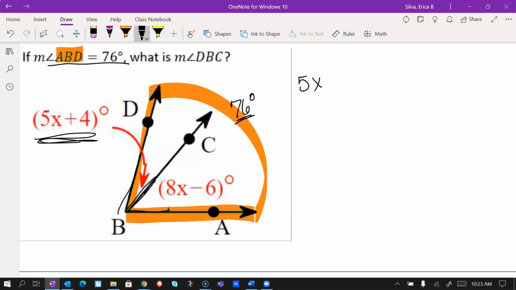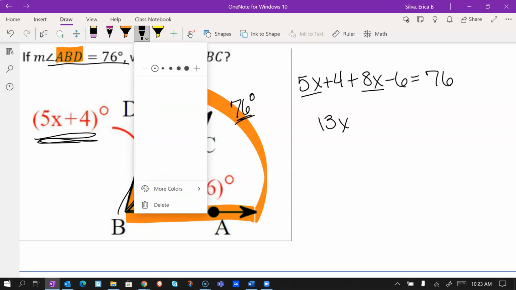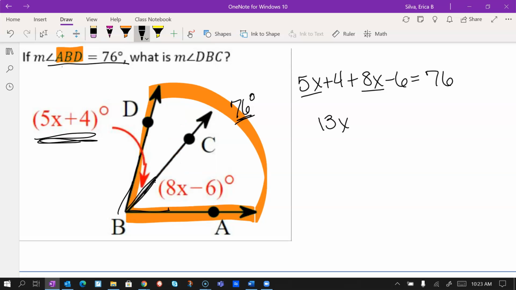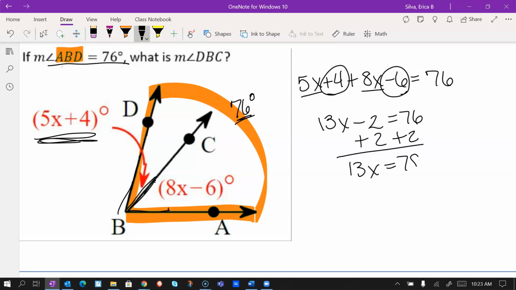So 5x plus 4 plus 8x minus 6 is equal to 76 degrees. Then we're going to combine like terms. This is 13x. And then we have positive 4 minus 6, we get negative 2. It's 76. We're going to add 2 to both sides. 13x is 78. Divide by 13.